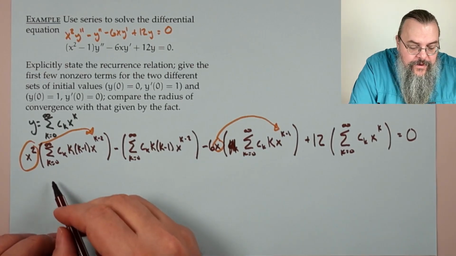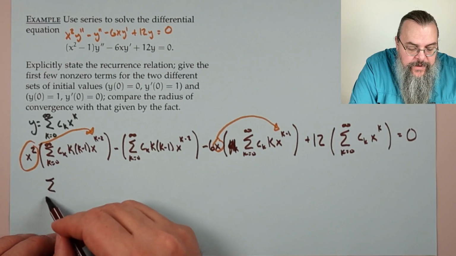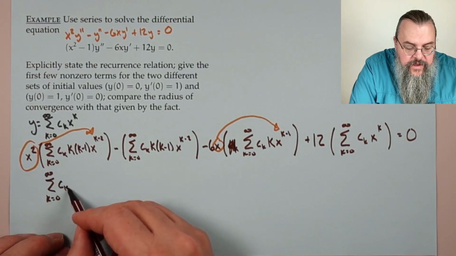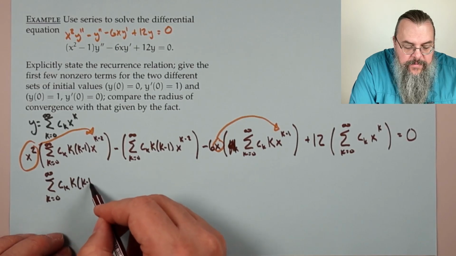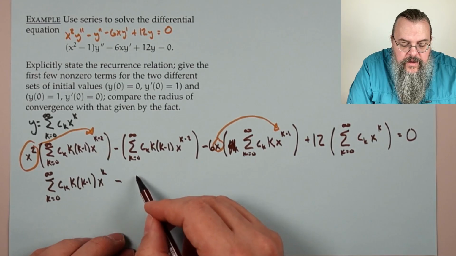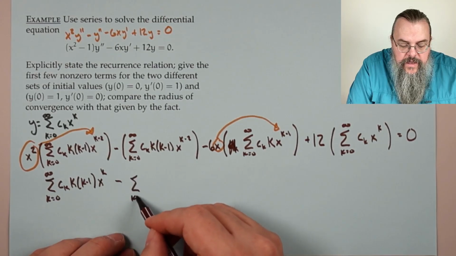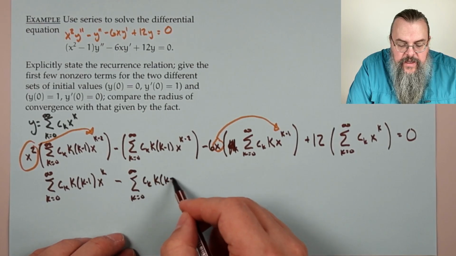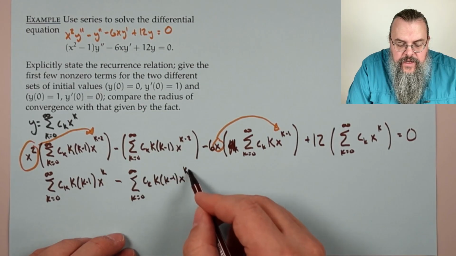Okay, so catching up. We have sum k equals 0 to infinity, c_k k(k-1) x^k, minus the sum k equals 0 to infinity, c_k k(k-1) x^(k-2).